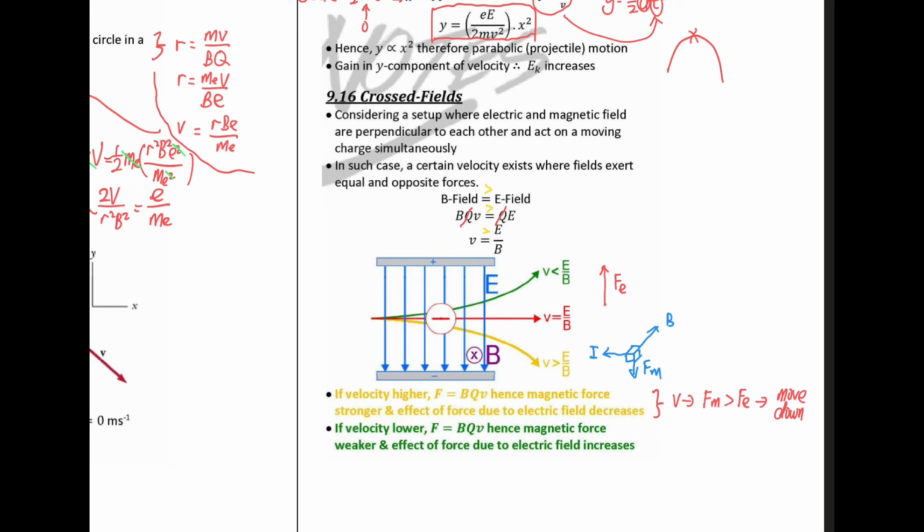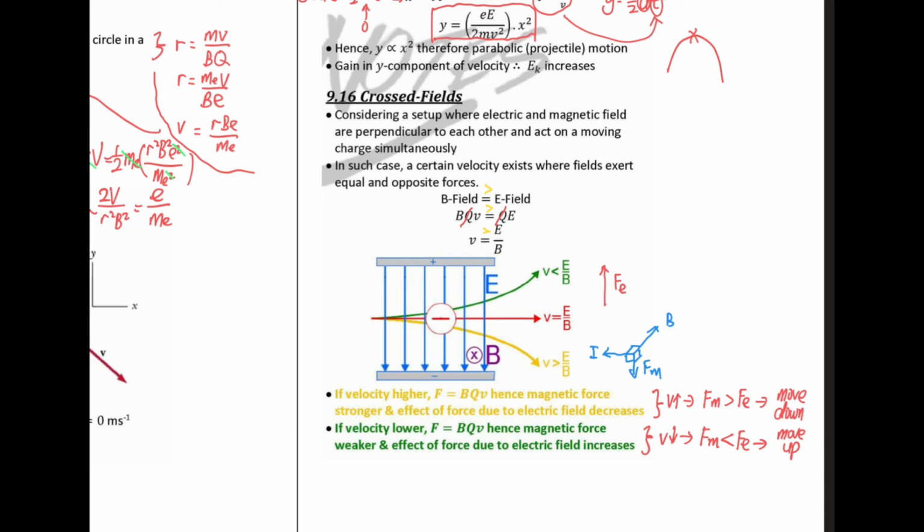So just now when V was greater, now when V is lower, the magnetic force is smaller than the electric force, then it will move up, and everything is just the other way around.